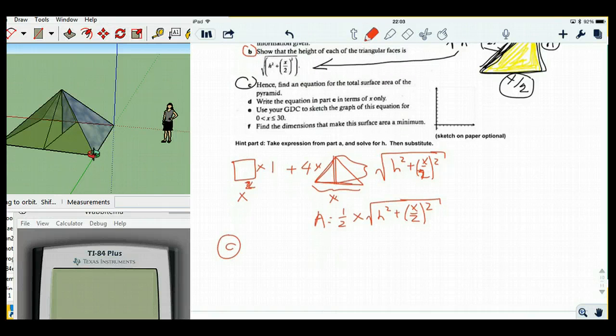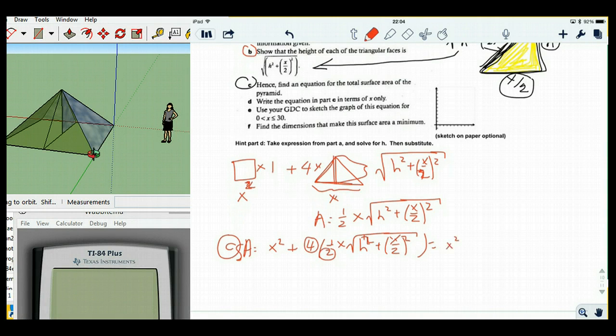So the answer to C would be x squared plus, and this will be the total surface area, 4 times 1/2 x times the square root of h squared plus (x over 2) squared. Okay? And so we could simplify that a little bit. 4 over 2 is equal to 2.